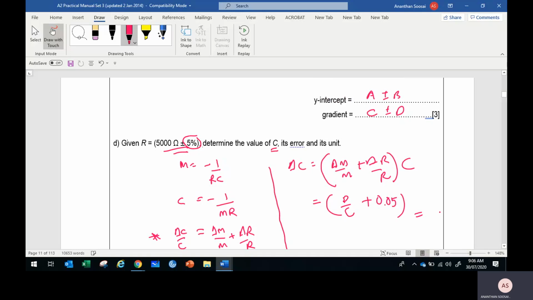C you have to calculate earlier. How do you get your C from the actual value? So you have to calculate the C first. C is negative 1 over MR. M is the gradient, the actual gradient.